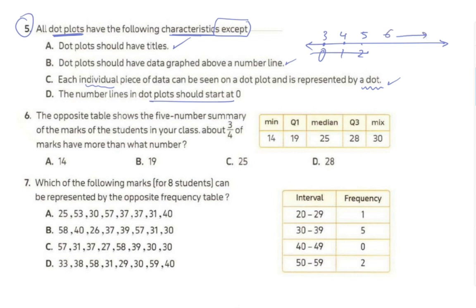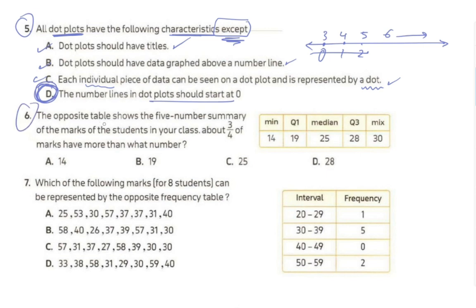No, I don't have to start with 0. I can start with any number. So this characteristic is false for a dot plot. All of these are correct except point D.